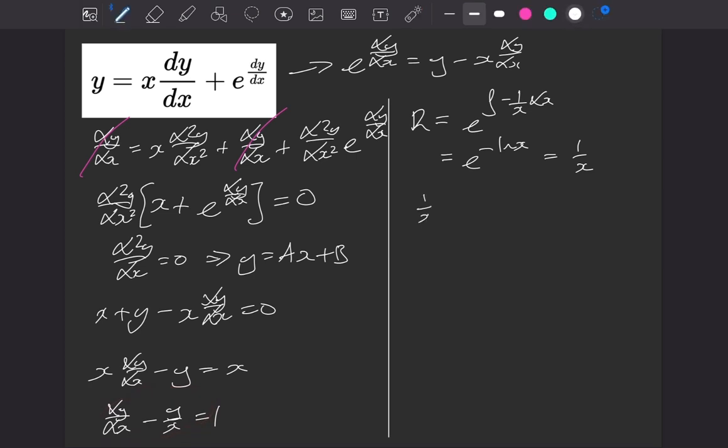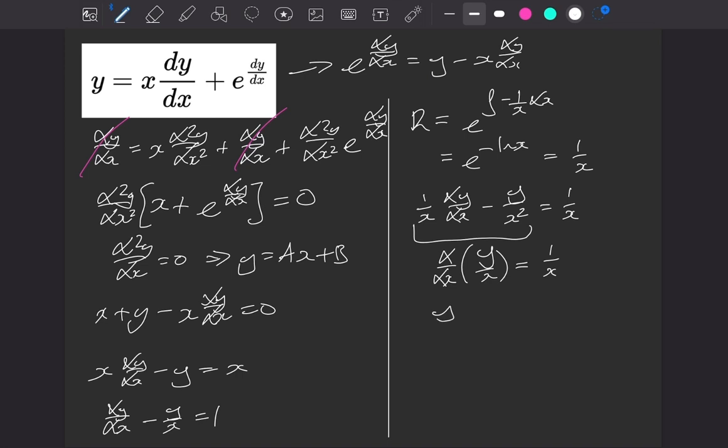So we'll have (1/x) dy/dx minus y/x² is equal to 1/x. And now this left-hand side is going to be the derivative of y/x, and that whole thing is equal to 1/x still. Now we can integrate both sides.